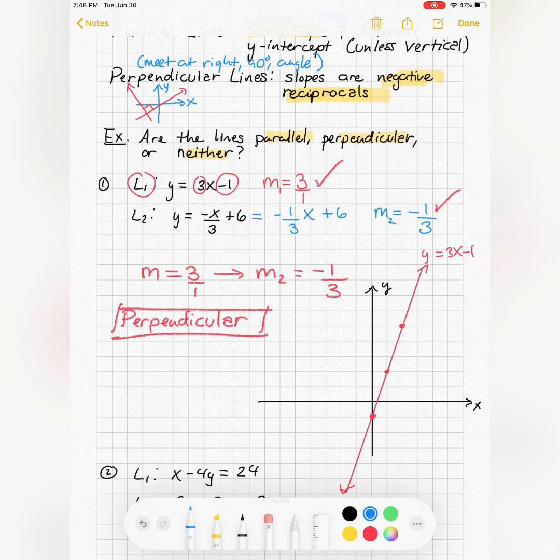The second line, let's see, the y-intercept is 6. The slope is negative a third. So down 1, right 3.